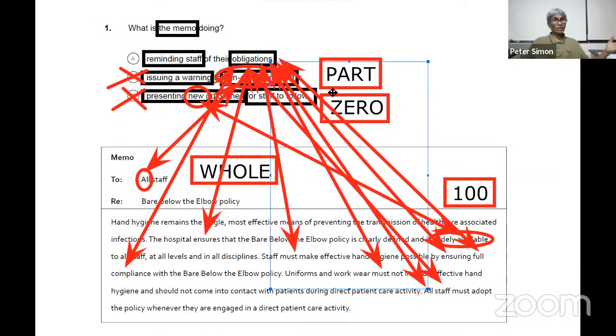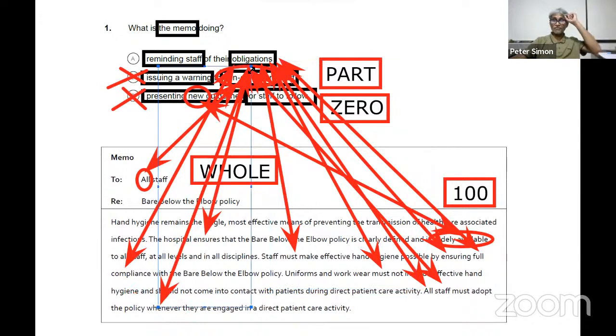And more, I'm going to show you more and more. Whenever means at every time, all the situations, they are engaged in a direct patient care activity. Whenever, ever means always. Never ever do any mistake, because you have to bow down your head.